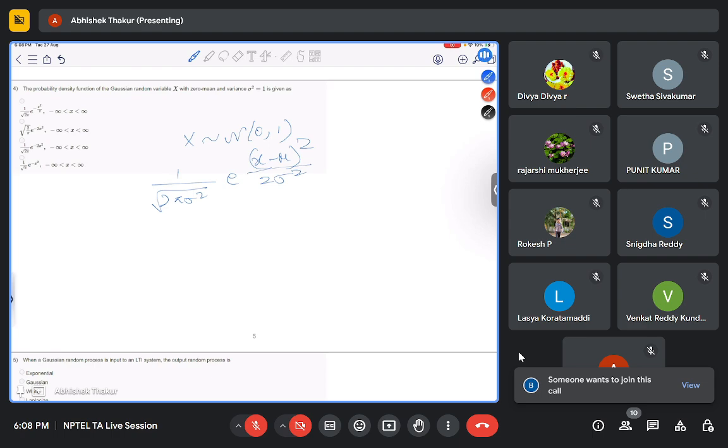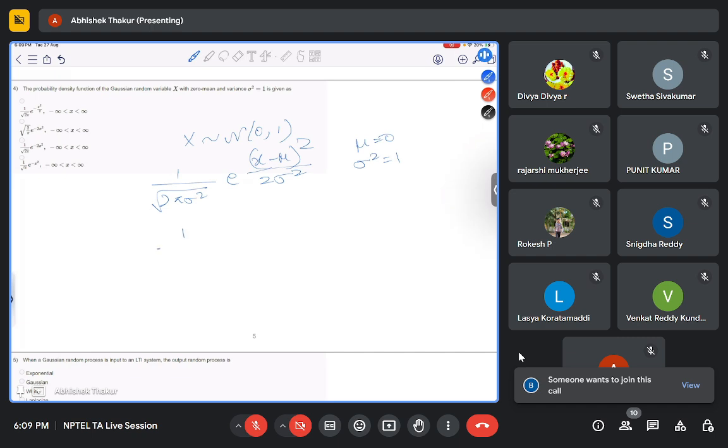In this way it is represented. Now here the mean is given as 0 and the variance is given as 1. So we'll substitute mu equal to 0 and sigma square equal to 1 in this equation.